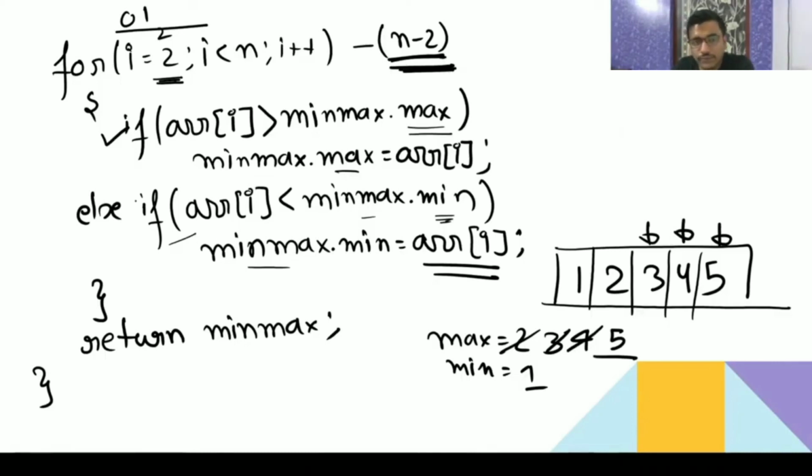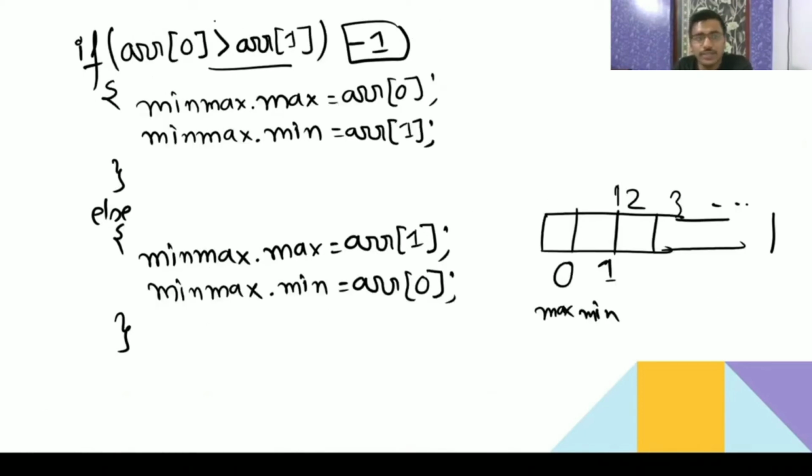So if we write else if here, then we can reduce the number of comparisons, and that is going to be the best case. When the elements are in increasing order, we get the best case. And in the best case, how many comparisons do we get? We execute the loop n minus 2 times, and that many times only one comparison, plus 1 for the first comparison.